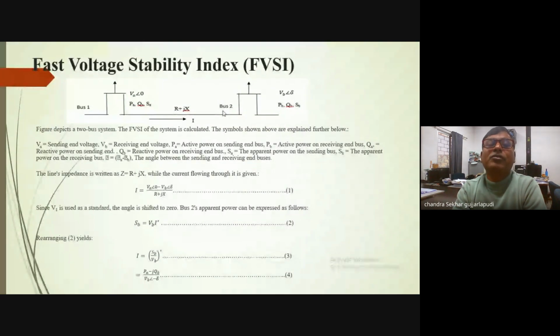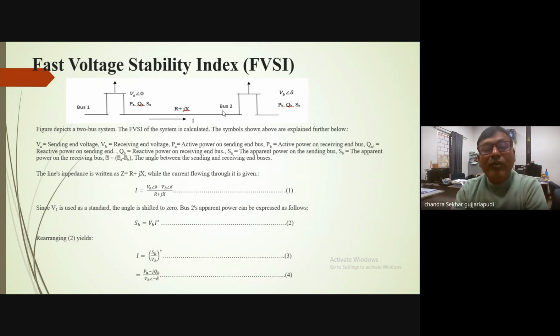Now, if I want to find out the current through this line, flowing from bus 1 to bus 2, that will be (VA at an angle 0 minus VB at an angle delta) divided by (R plus jX). Now, the power at bus 2 can be written as VB into I star. Similarly, from there we can get equation number 3.